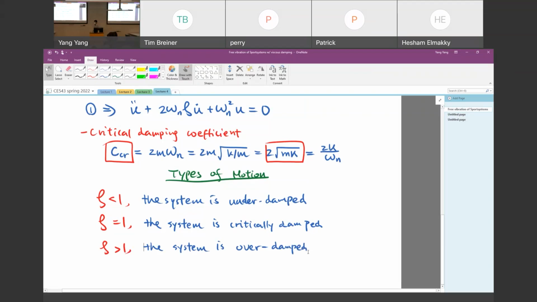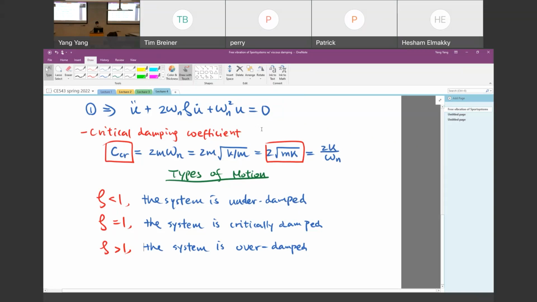We have to look into 3 different cases. If you remember when you solve the differential equation, you have to formulate a quadratic equation to find the eigenvalues. The eigenvalues are dependent on the damping ratio. So that's why we need to do this.